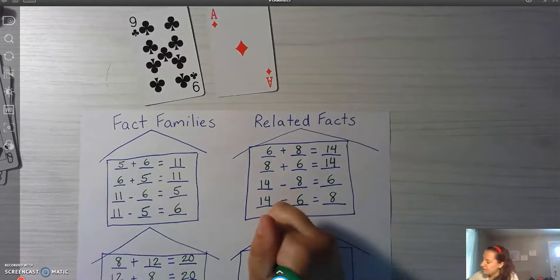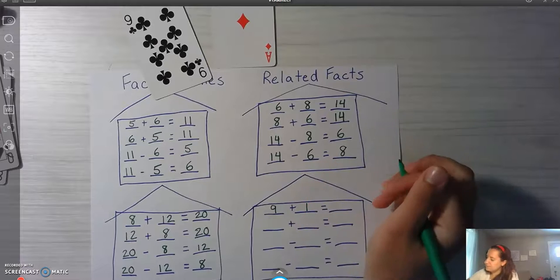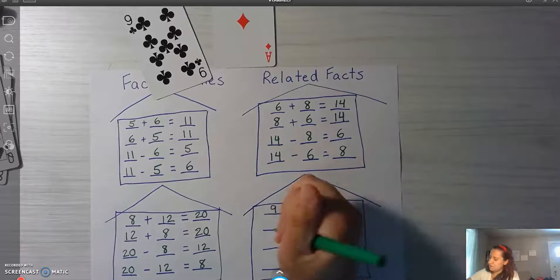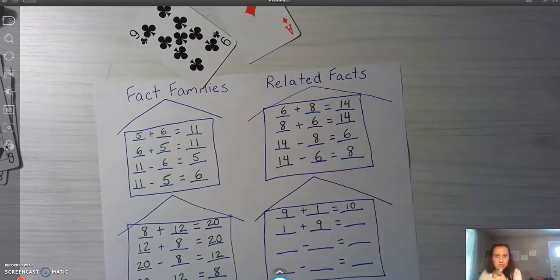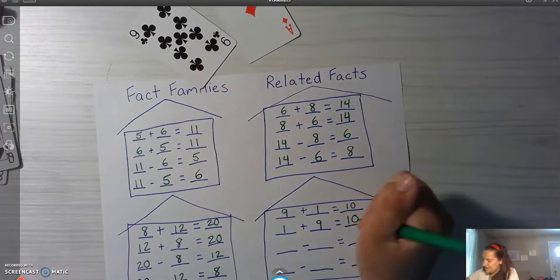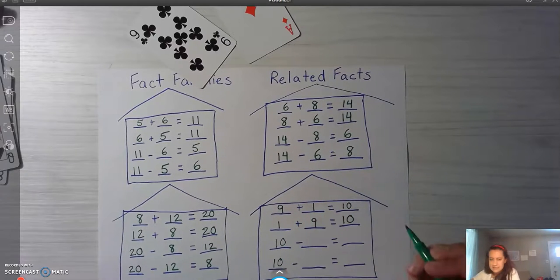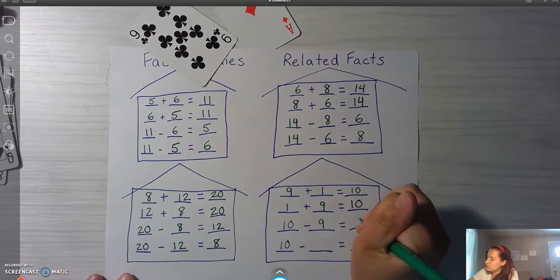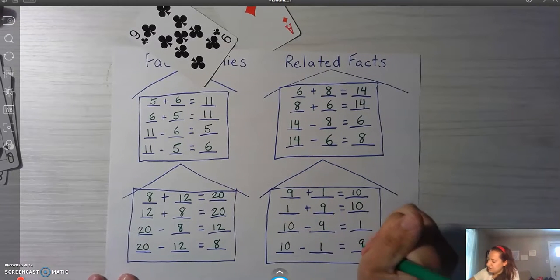So my fact family over here is going to be 9 plus 1. So I just count up 1. 9 plus 1 more is 10. Flip them again. 1 plus 9 is, do you know? 10. Put that 10 at the beginning of my subtraction problems because it's the biggest number. 10 minus 9 equals 1, and 10 minus 1 equals 9.